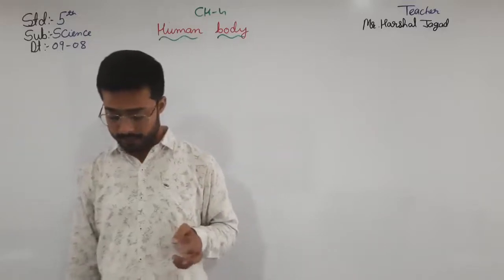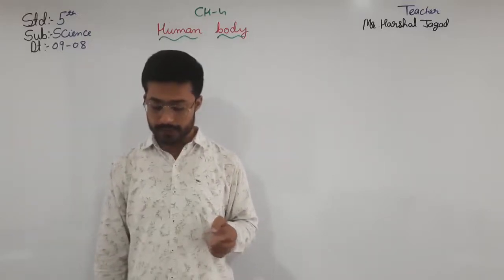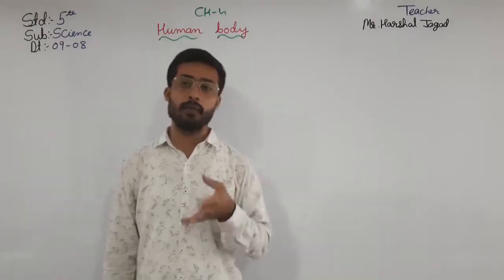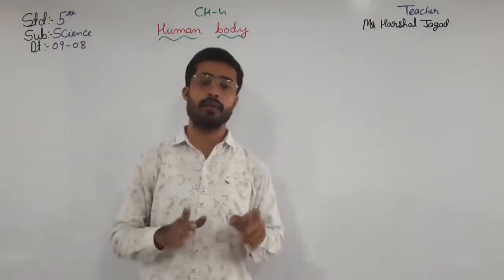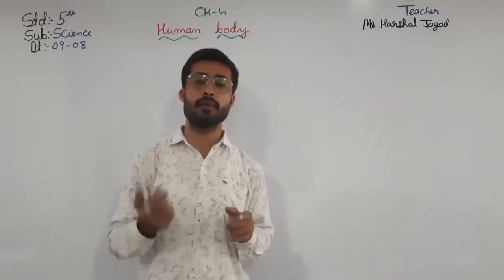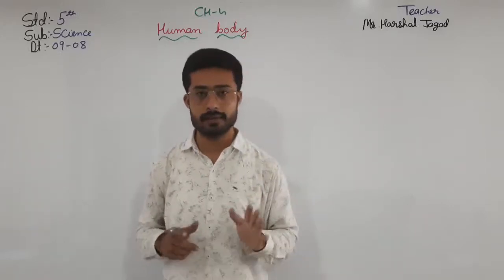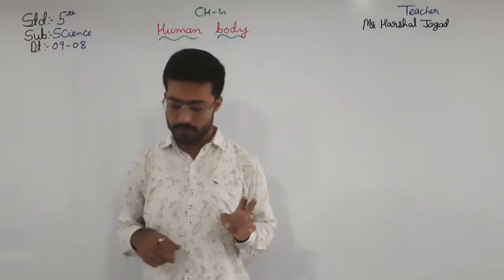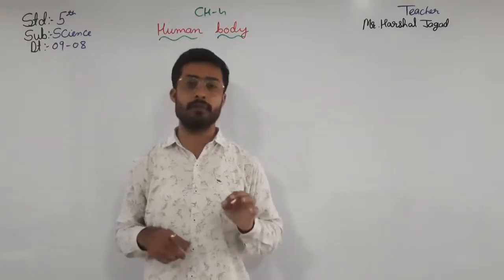Then, bone contains bone marrow which produces red blood cells. So what is bone marrow? It produces the red blood cells. Fourth, bones store minerals such as calcium and phosphorus.